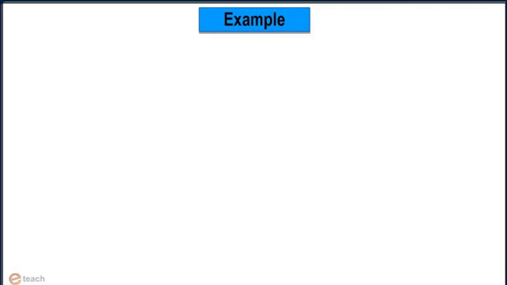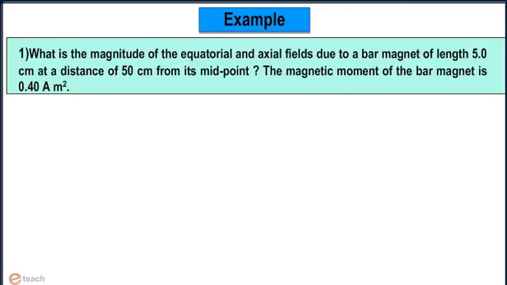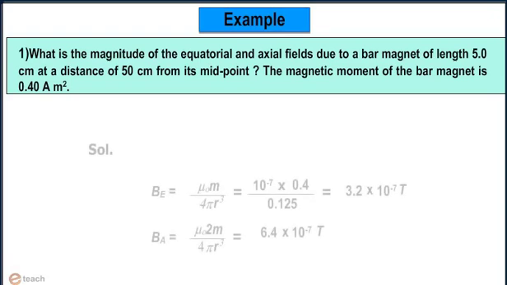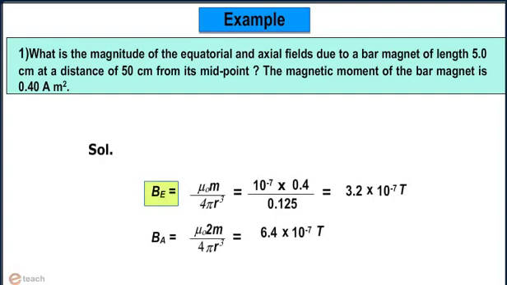Example: What is the magnitude of equatorial and axial fields due to a bar magnet of length 5 cm at a distance of 50 cm from its midpoint? The magnetic moment of the bar magnet is given to be equal to 0.4 ampere meter squared. Solution: B_E equals mu naught m divided by 4 pi r cubed.